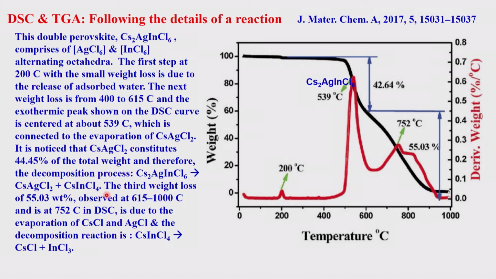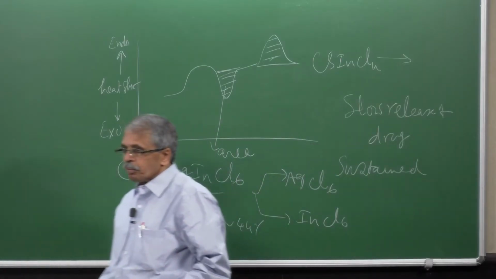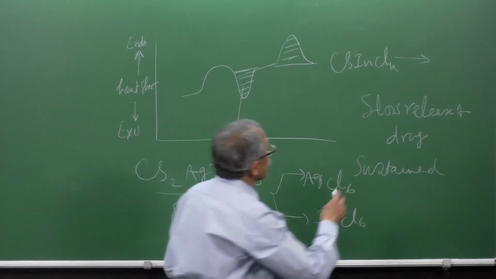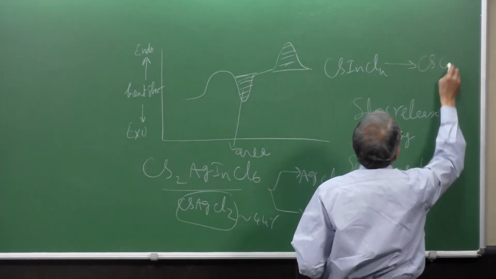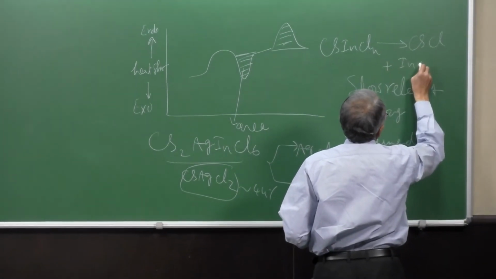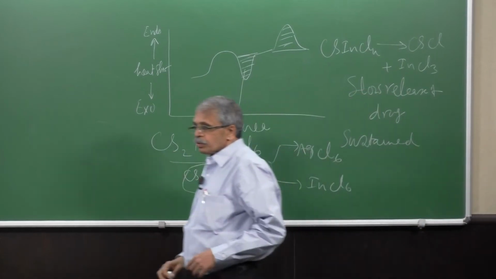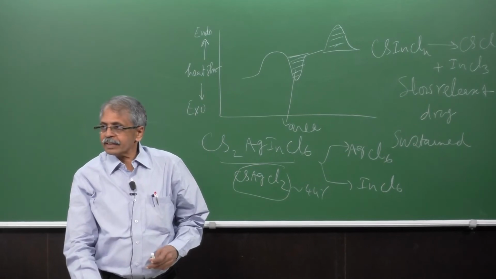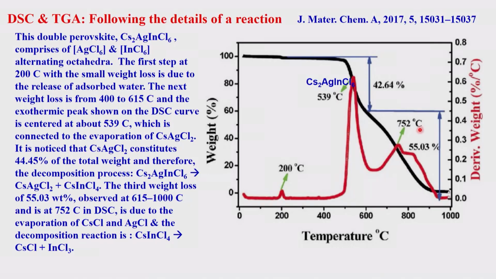CsInCl4. This CsInCl4 further decomposes to give CsCl and InCl3. In the process you also have the AgCl part. These things get evaporated at these temperatures, 750, 800. Therefore this further breaks down, and this is also volatile. So, you have hardly any mass left.